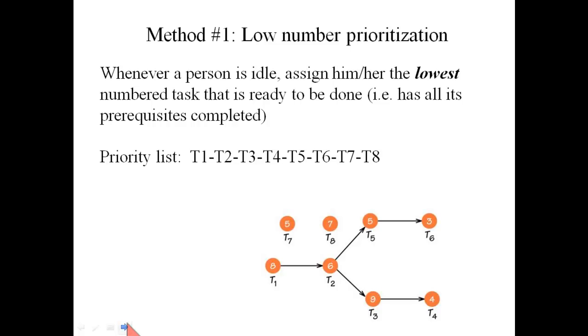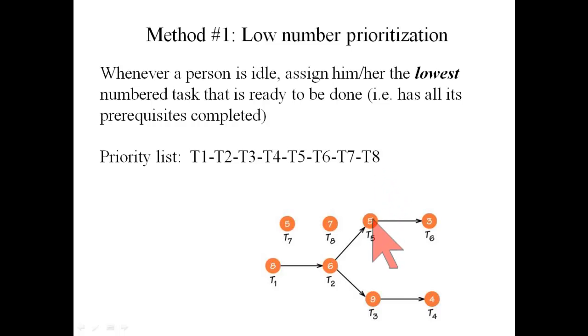Well, let's look at several ways of assigning the tasks to the workers. Here's a more or less arbitrarily chosen way. We're going to work with a priority list in each of the three methods that we'll consider. And in the first method, the priority list is just generated by listing the tasks in order of increasing number.